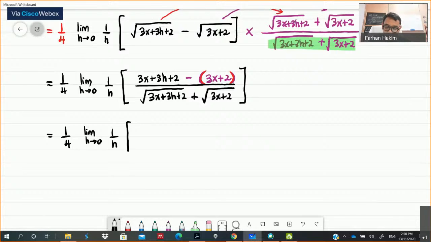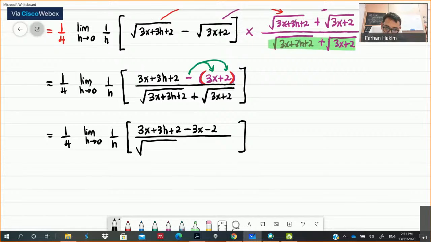All right, so we try to expand the negative. So we'll get at the numerator 3x plus 3h plus 2 minus 3x minus 2, so this whole thing over square root of 3x plus 3h plus 2 plus square root of 3x plus 2.